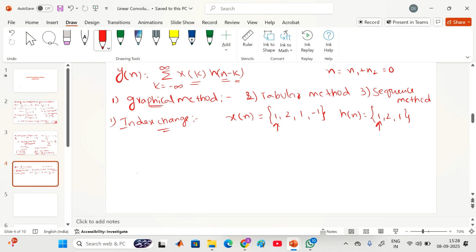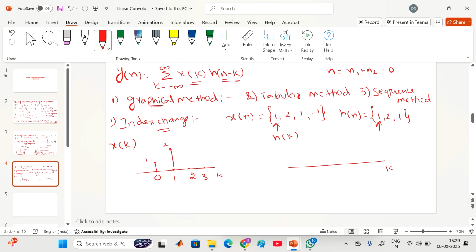So first I am drawing a graph of x of k and h of k, with x-axis k. For x of n, for n is equal to 0 I have an amplitude of 1, then k is equal to 1, I have an amplitude of 2.